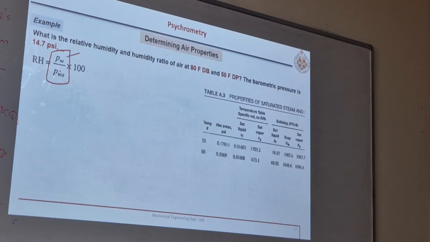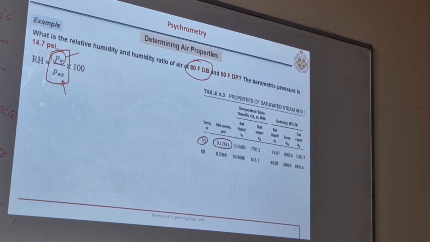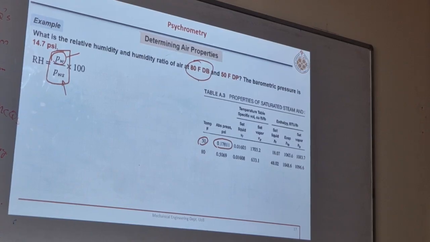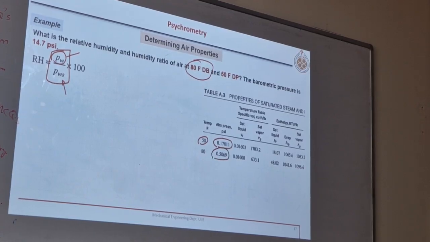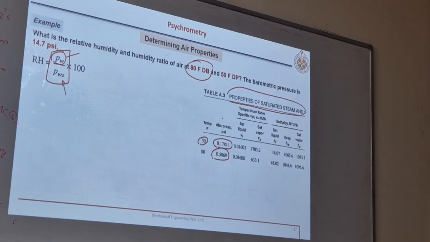So this is the actual pressure, and that is the saturation pressure, but at what temperature? 80 degree Fahrenheit. But this one we calculated from 50, right? And this one is the saturation at this point. These are the properties of saturated steam. Now it is British units, English units, Fahrenheit, PSI.